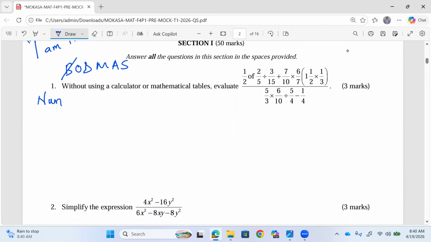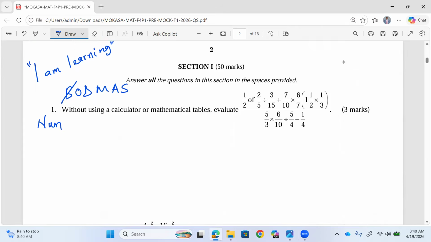It's 1/2 and 1/3. So 1/2 becomes 3/2, then multiplied by 1/3, and this will make it 1/2, because the 3's will cancel. So we are having 1/2 or half inside the bracket here.